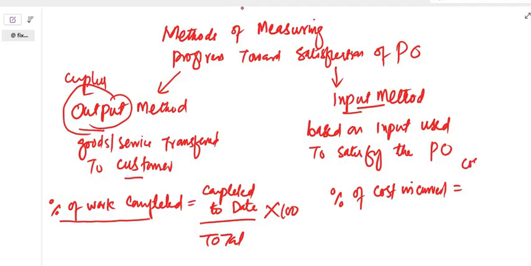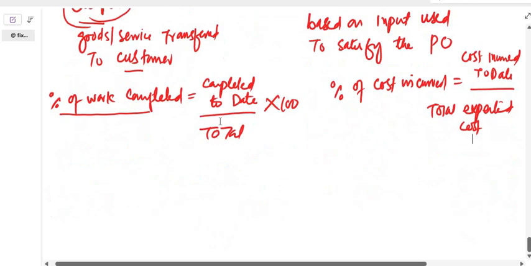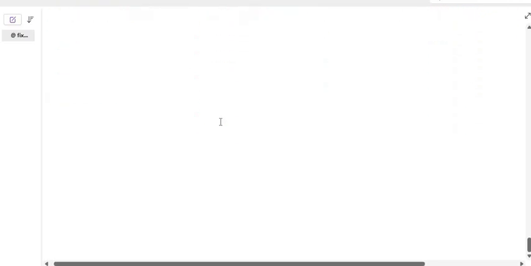You will take the cost incurred to date and then divide it by the total expected cost and multiply by 100, then you will get a percentage, and that percentage is used for the revenue recognition. Clear?